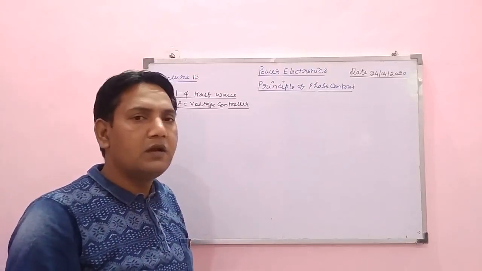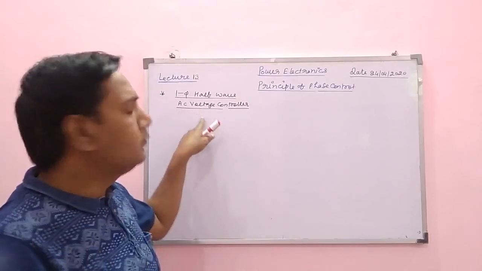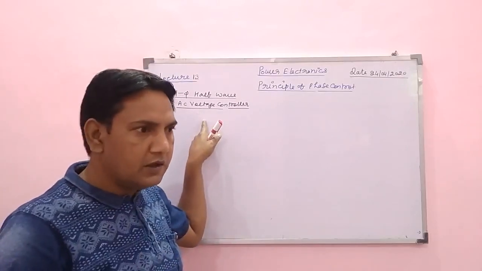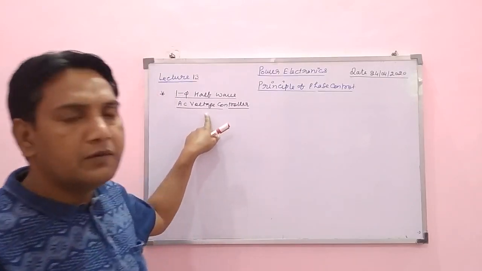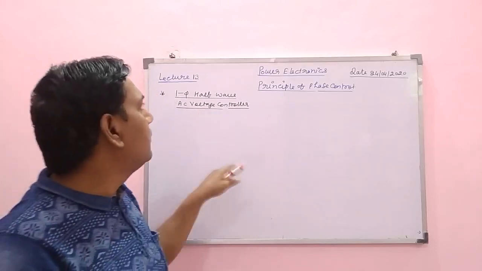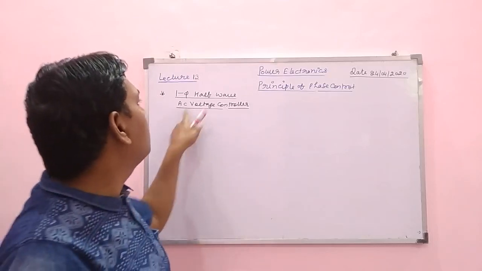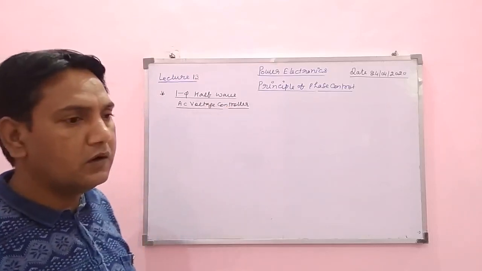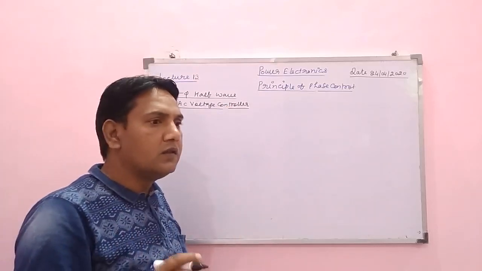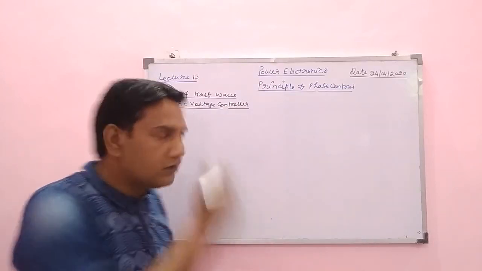We don't control both the positive as well as the negative cycle. The positive as well as negative cycle will be controlled in case of the full wave AC voltage controller, but in case of the half wave AC voltage controller, we will control only the positive half cycle of the supply voltage.